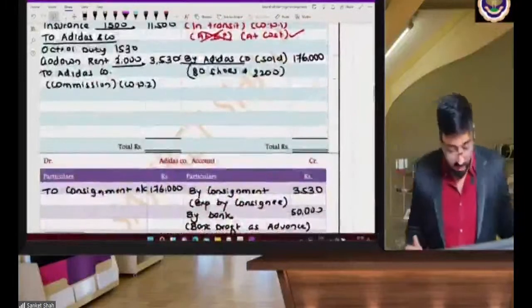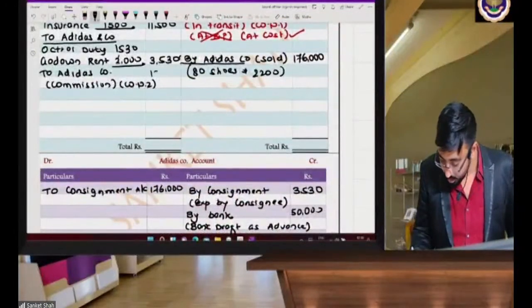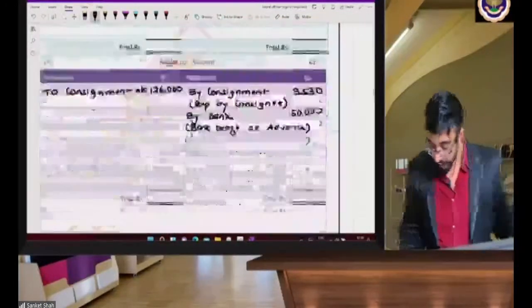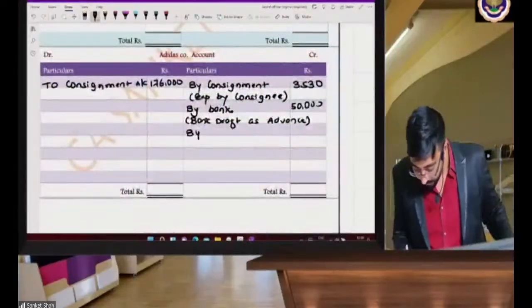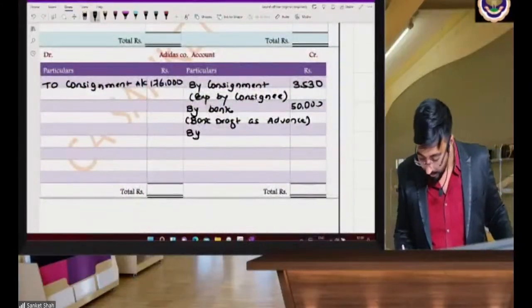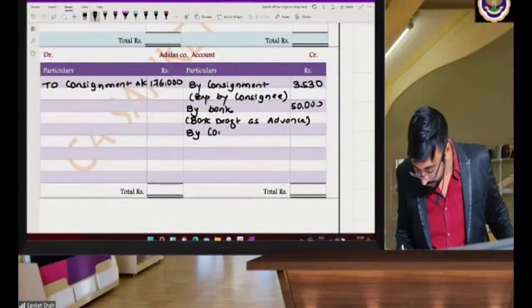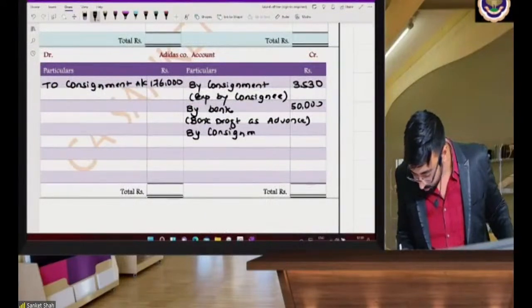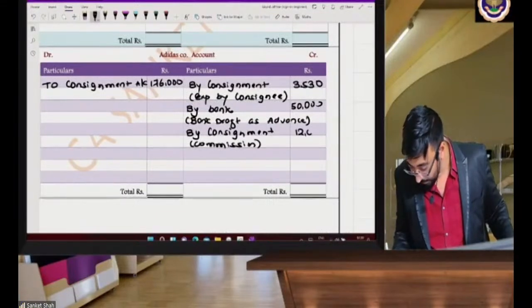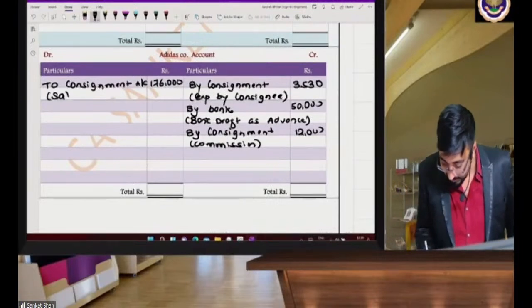So the commission I am getting, the answer is 12,000. And the second effect I will give in the Adidas company by consignment. So this is a commission, 12,000, and this is beta sales.